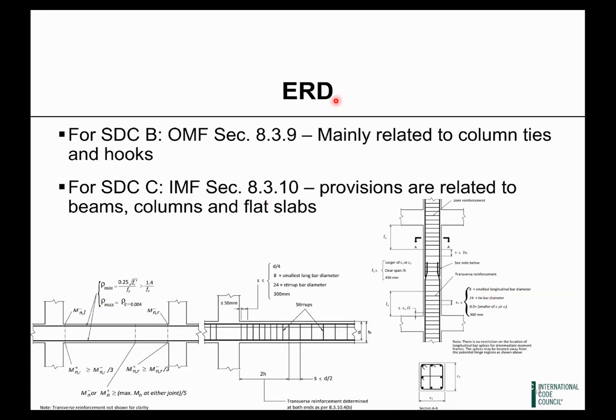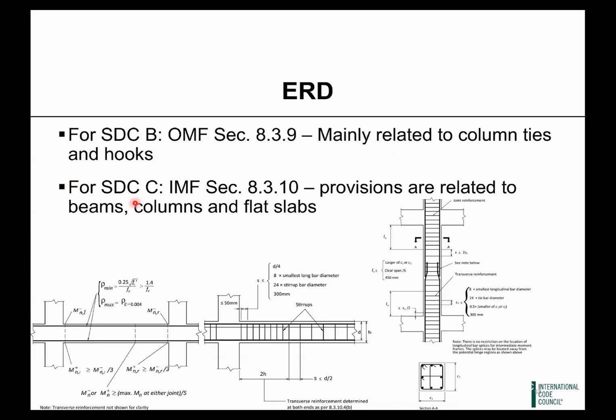For earthquake resistant design, as I said, if you want to build a structure according to seismic design category B, please follow section 8.3.9. This is mainly related to column ties and hooks.